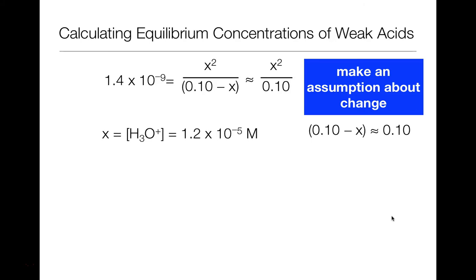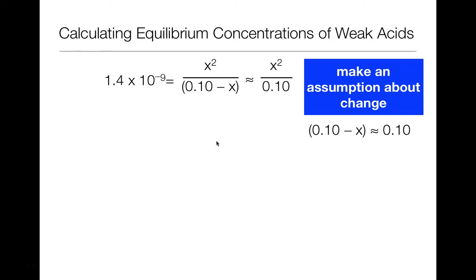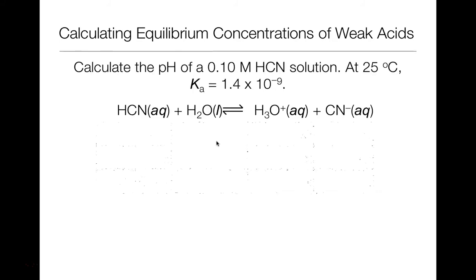If we make that assumption, our equation simplifies to 1.4 times 10 to the negative 9th equals x squared over 0.1. Well, that's easy. Multiply both sides by 0.1, take the square root, and you're left with the concentration of hydronium at 1.2 times 10 to the negative 5th. Plug it in: 4.92. If we go back a couple of slides, 4.92 is what we solved using the quadratic equation.